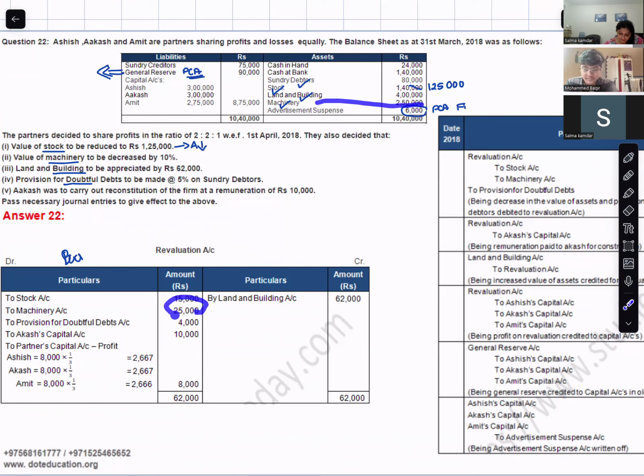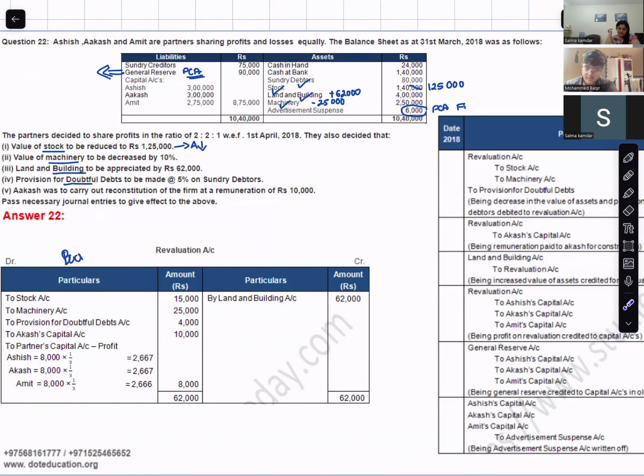Land and building increased by rupees 62,000. So it's a good thing. So machinery minus 25,000 and land and building plus 62,000. If we ask you to prepare a new balance sheet, you should know the new values.